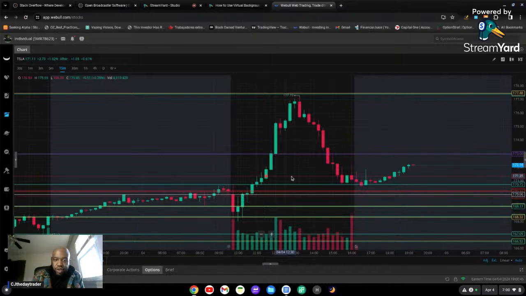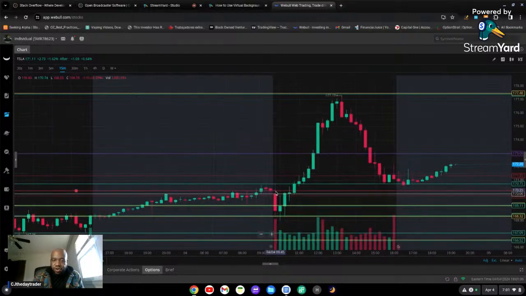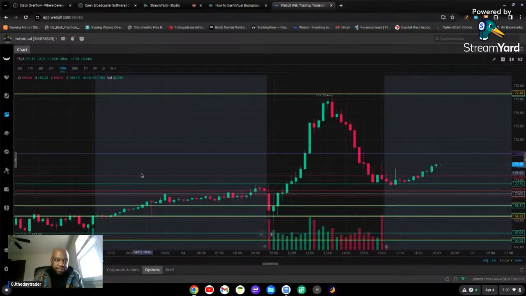So I have two red lines here. Let me just take one off because they're so close to each other, and I don't know why they're so close, but let's take off one line, and let's leave this one here. Well, we took off the wrong one, but it's okay. We'll bring it back to where that one was. So essentially, I came in looking for a rejection off of 170.21.